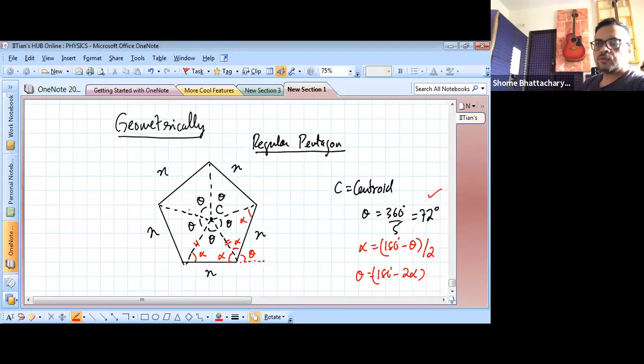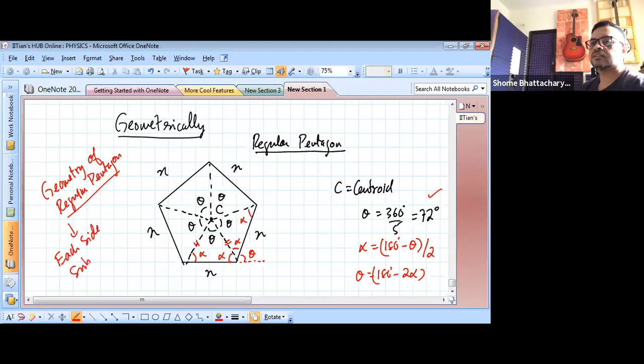So this is what we notice about the geometry of a regular pentagon. That is that each side subtends an angle of theta equal to 72 degrees at the centroid C.